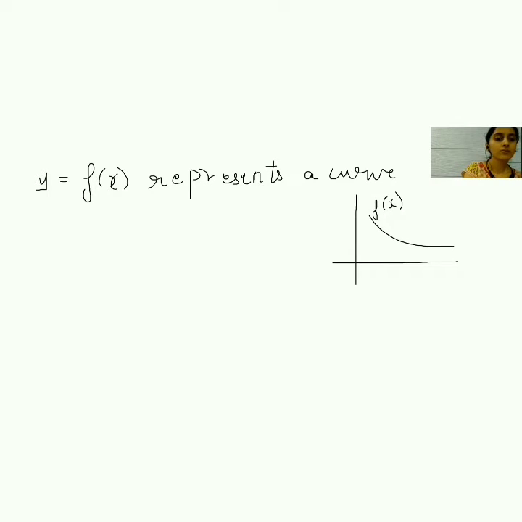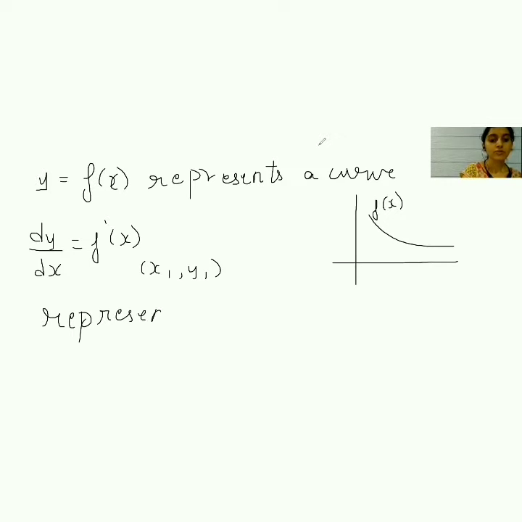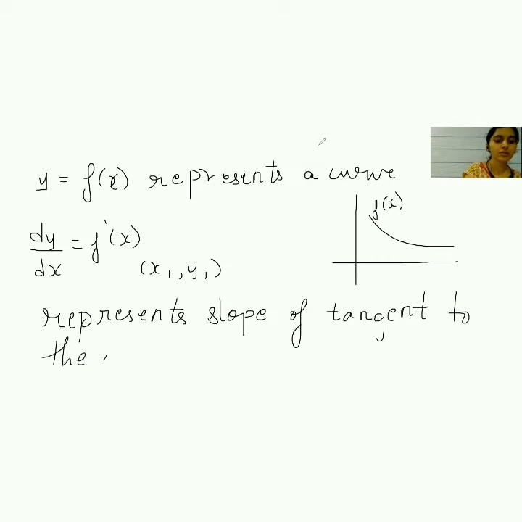Then the derivative of this function, that is dy by dx equal to f dash of x, at any point say x1 comma y1 on the curve, represents the slope of the tangent to that curve, the tangent to the curve at point x1 y1. This we had done in the previous section.